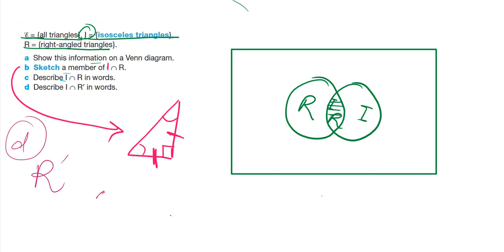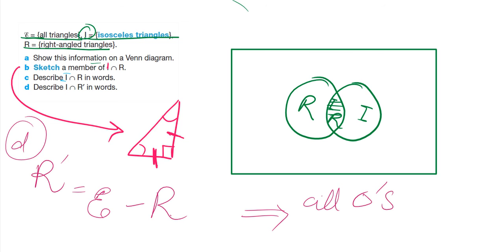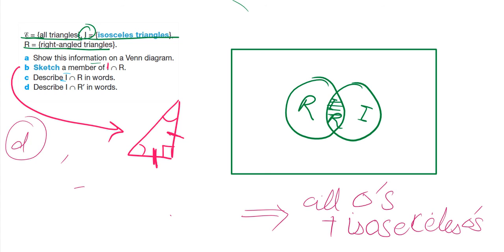You have to take the difference with the universal set. So this will be the R complement. So in this way we have all of the triangles that may be isosceles but not right angle triangles. All triangles plus isosceles triangles. All right, so our complement will be this.